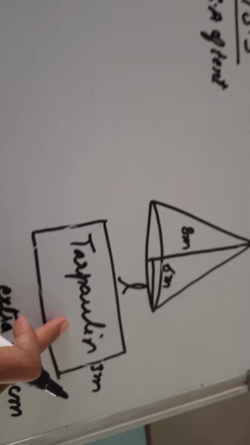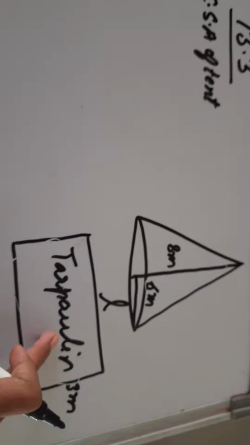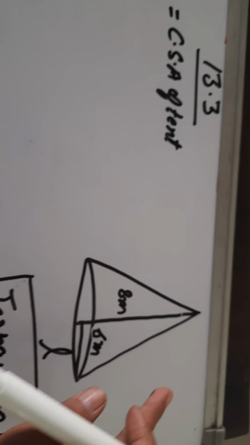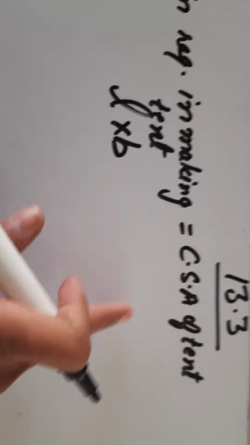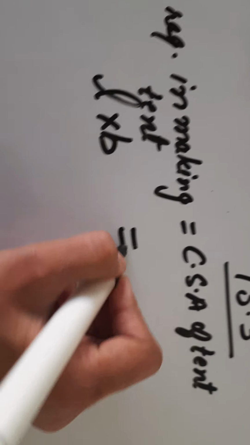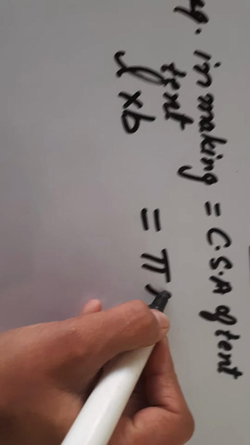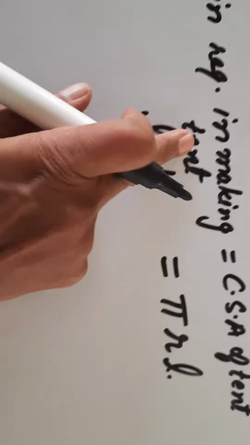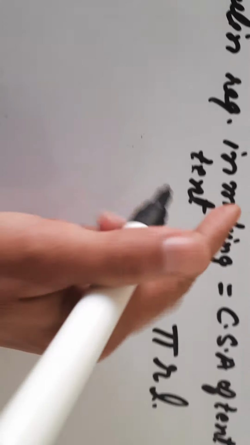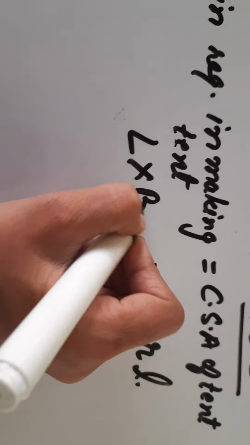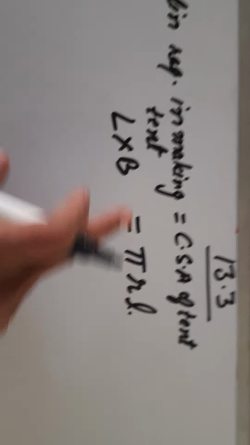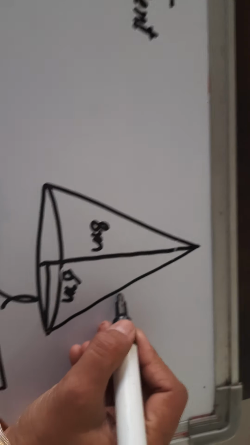Because we will buy the tarpaulin that much which is required for the curved surface area, that's why we are equating the two. And curved surface area of tent is pi RL. This is length. Let us take it in capitals so that you will not get confused by this L and this L, because this is the slant height of the conical tent.